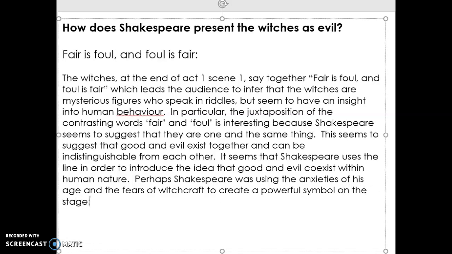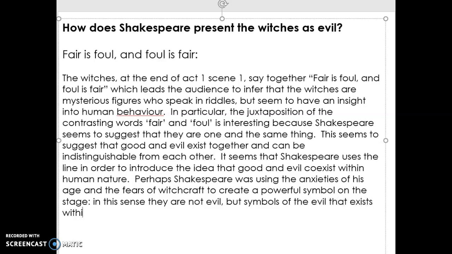And now I need to explain what I mean by that because it's a bit obscure, isn't it? In this sense, they are not evil, but symbols of the evil that exists within human nature, that sits outside of our understanding. So hopefully I've explained myself a bit clearer there.